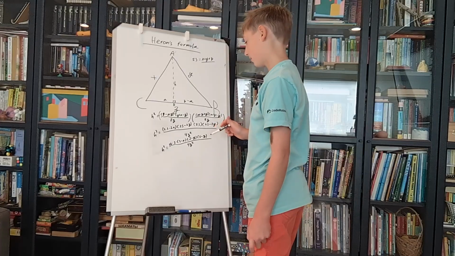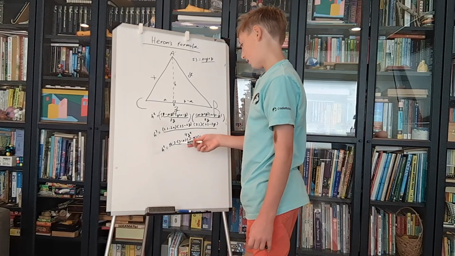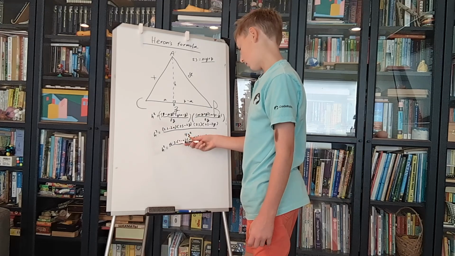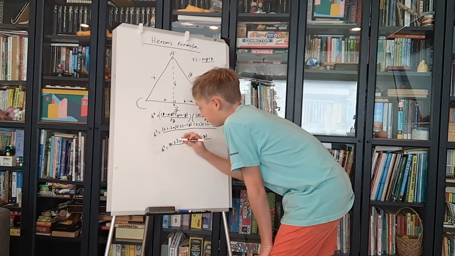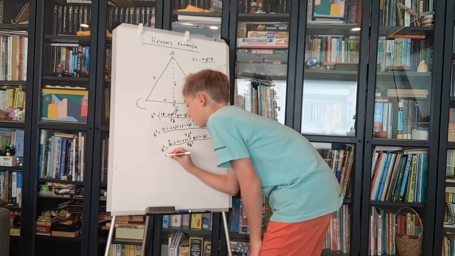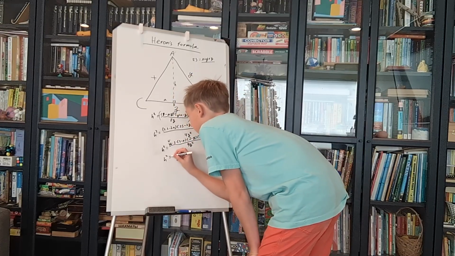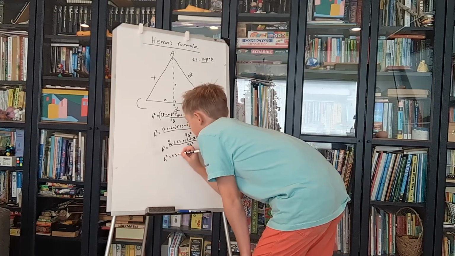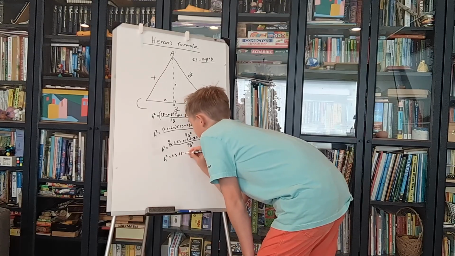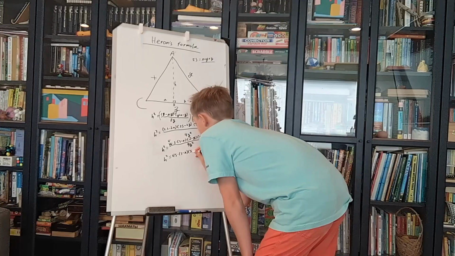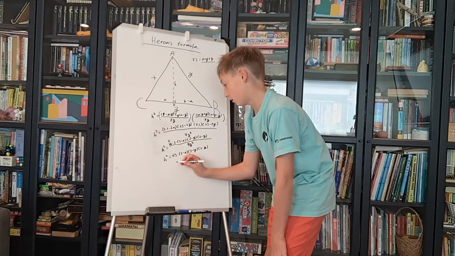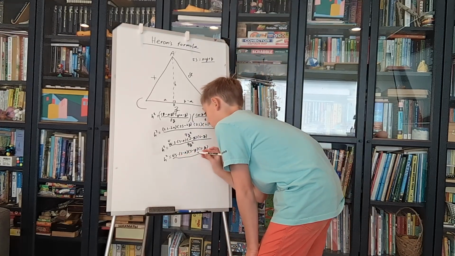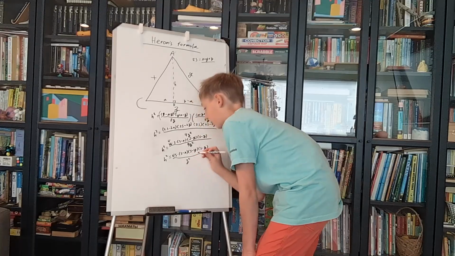And then we can just see that these two cancel out, and we'll have a 4 here. So we have h squared equals 4s times s minus x, s minus y, s minus c, and all this is over z squared.